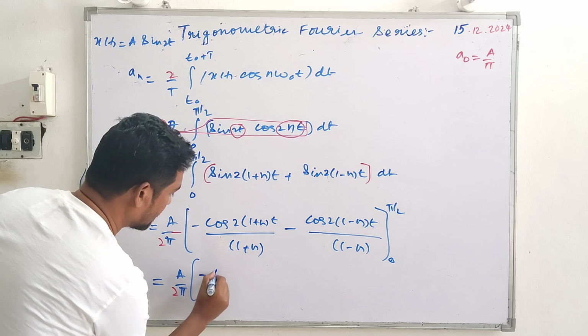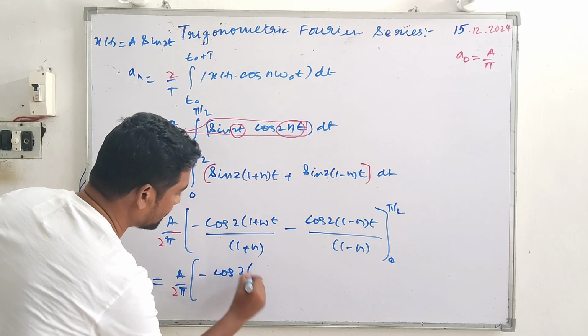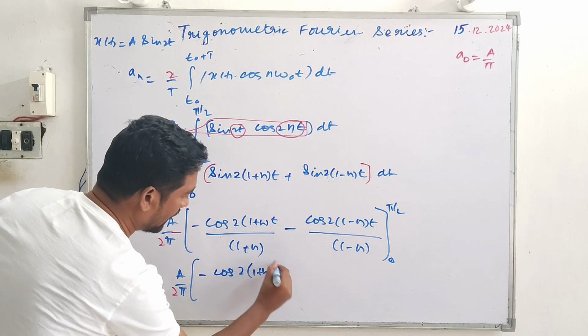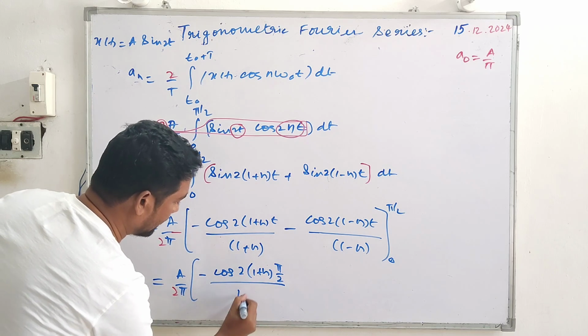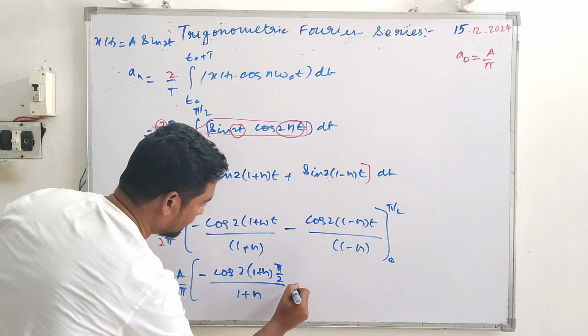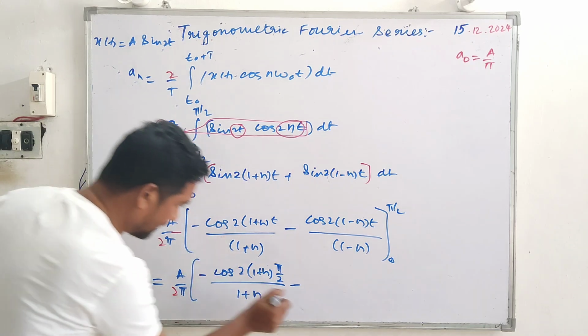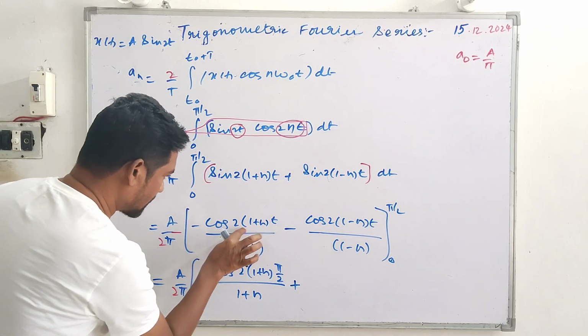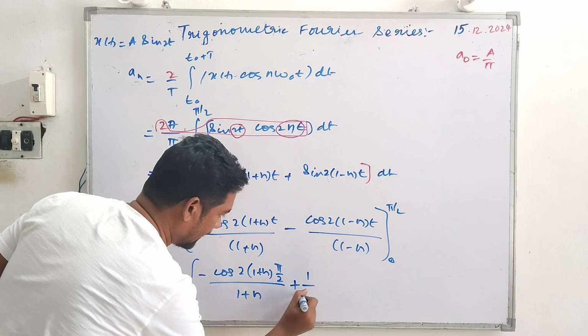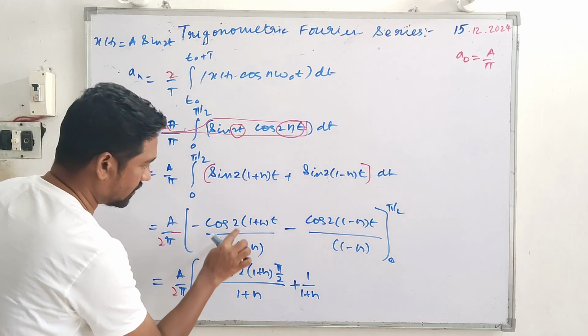Upper limit, minus cos 2 times 1 plus n into pi by 2 by 1 plus n, minus lower limit, isn't it? Minus lower limit, we already have a negative, so it will be positive. Cos 0, that will be 1 by 1 plus n for the lower limit.